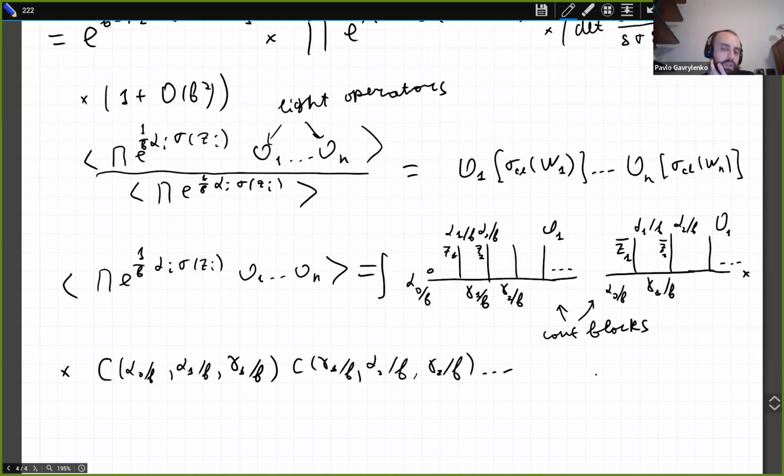I don't want to write this explicitly, just saying that there is such an object of this kind. And we should integrate over intermediate charges, so there is some integral d gamma.